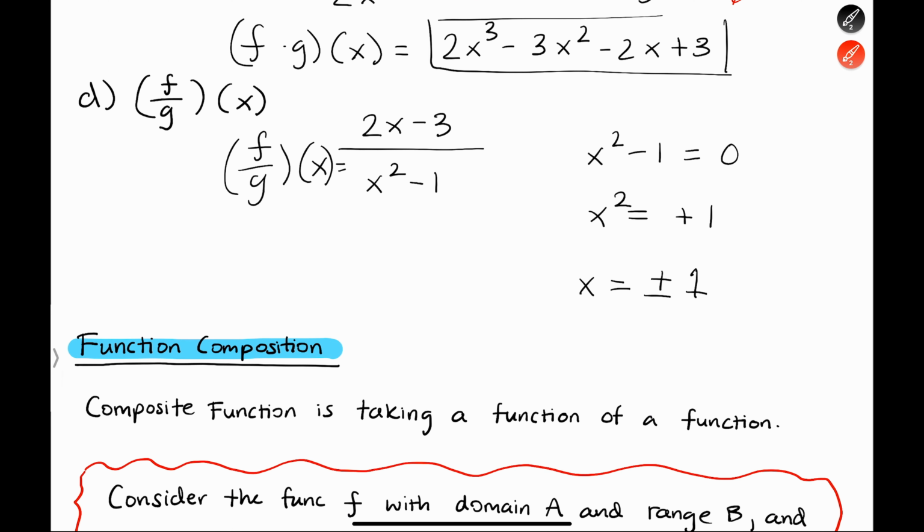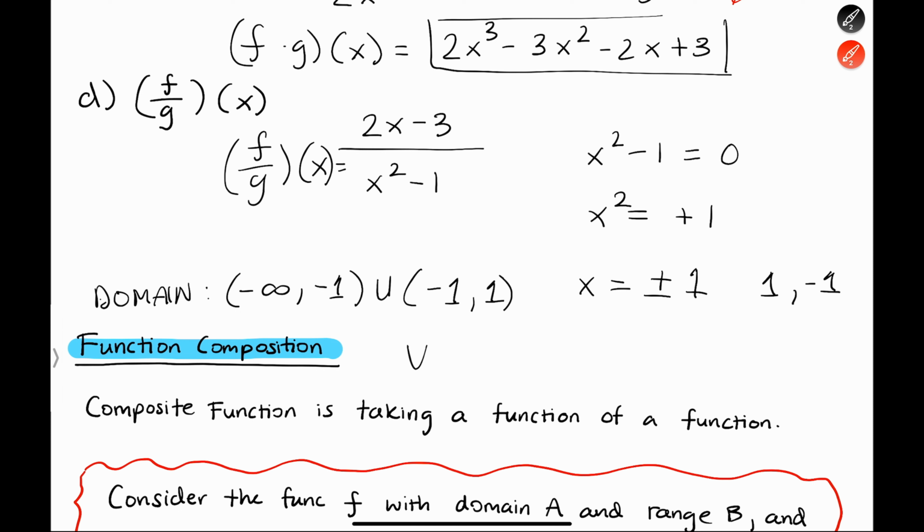So that means that the x value can't be 1 or negative 1. So its domain for this function is going to be from negative infinity to negative 1, then from negative 1 to 1, and then from 1 to infinity. So that's the answer for that one.